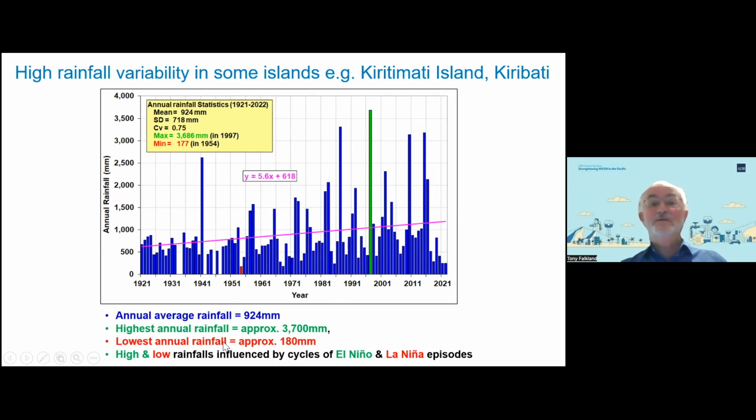These highs and lows are largely influenced by El Nino and La Nina episodes. One interesting feature is that over the period of 100 years, the rainfall has trended upwards, but with a large amount of variation. The equation here shows approximately a 5 millimetre increase on average over that 100-year period.